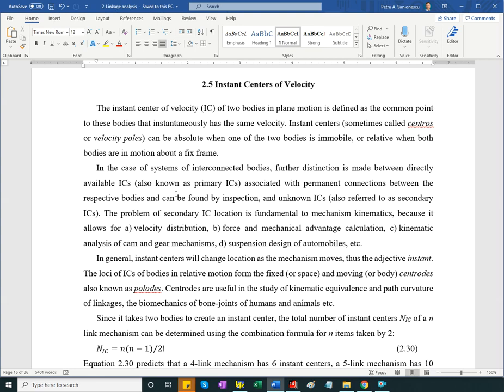It could be outside of the body, but it's overlapped, and instantaneously it has the same velocity whether it belongs to one or the other of the bodies. If one of the bodies is stationary, of course it means that the moving body has instantaneously a point of 0 velocity, and this is what you looked at in dynamics. Also called centros or poles or velocity poles.